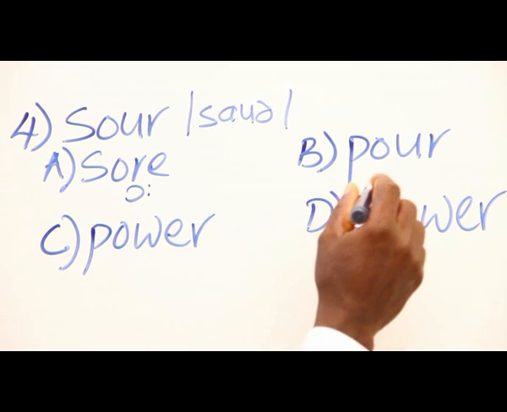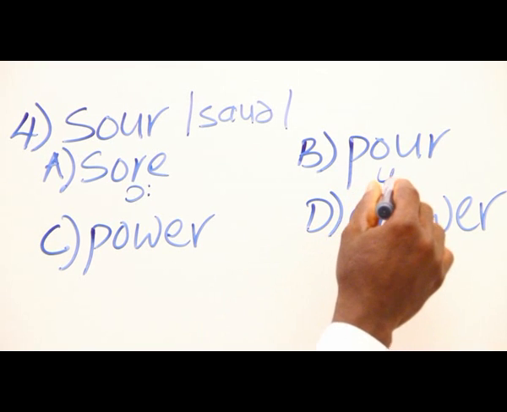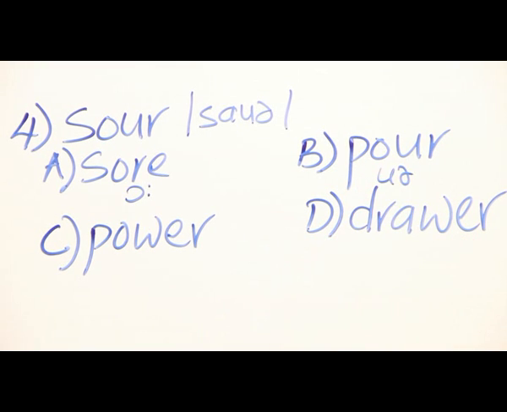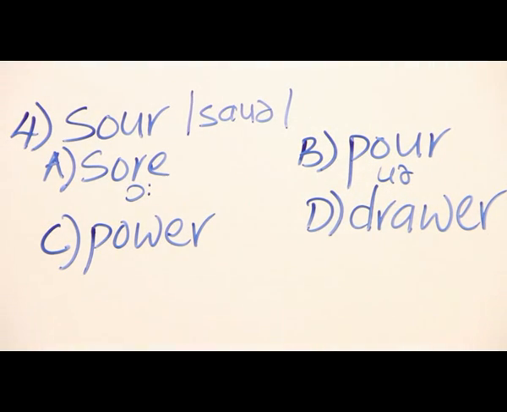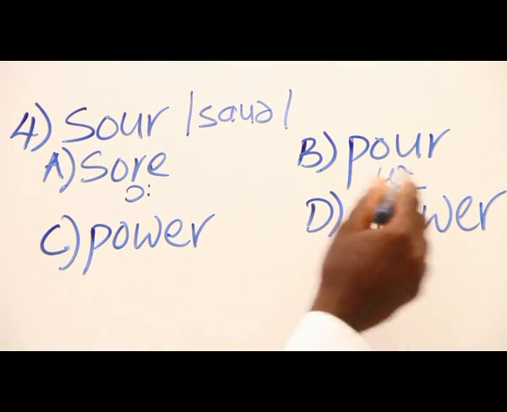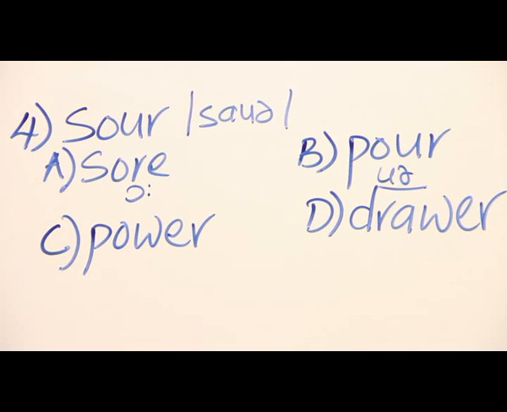Option B, poor, can be pronounced in different ways, but the standard form is actually poor. Now if we take that, then we can think of rhyme. But remember too that these sounds are actually considered as one phoneme, one sound.